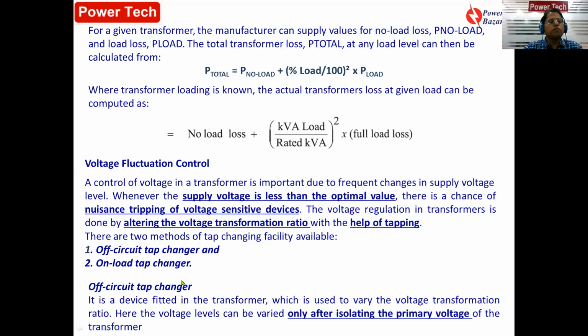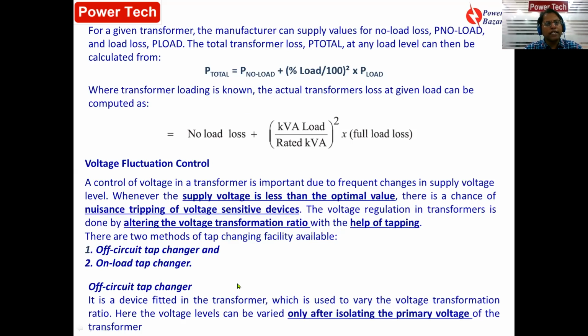Now, in case of off circuit tap changer, you cannot change the tap without switching off the transformer, without isolating the load. By changing the tap, I am increasing the number of windings in the ST side. As I know, V1 by V2 is equal to N1 by N2.